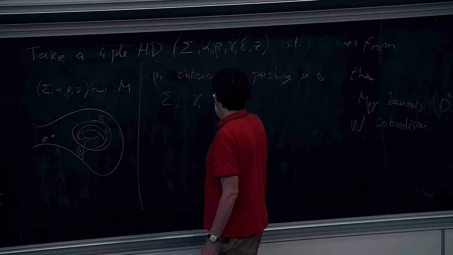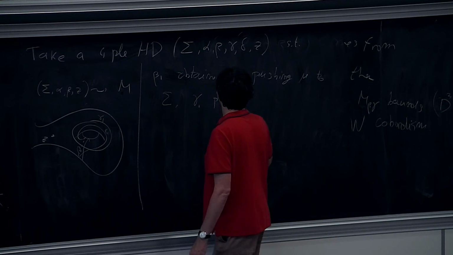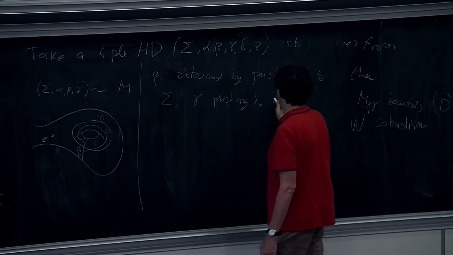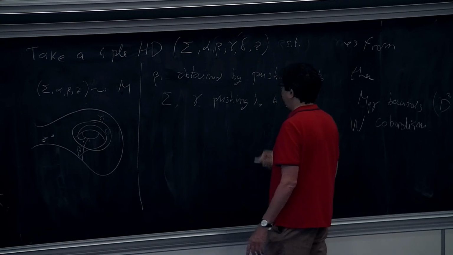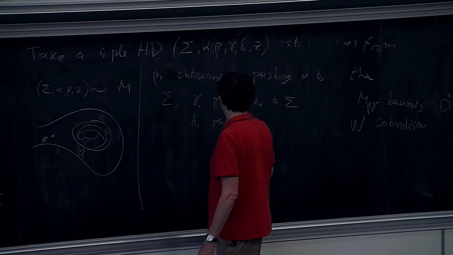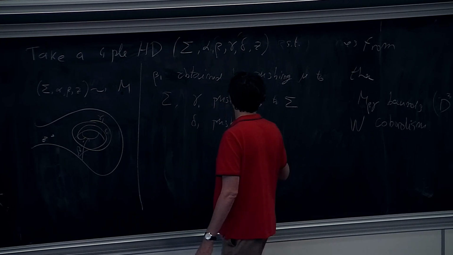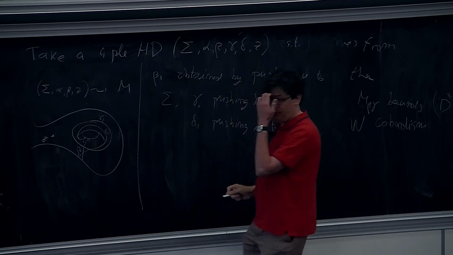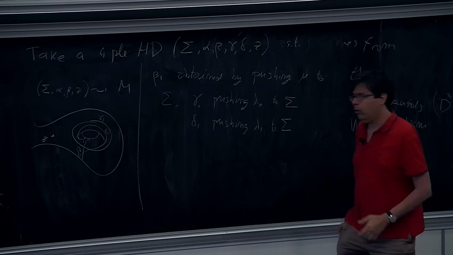Gamma 1 is obtained by pushing the longitude lambda 0 to the Heegaard surface, and delta 1 is obtained by pushing lambda 1 to the Heegaard surface.